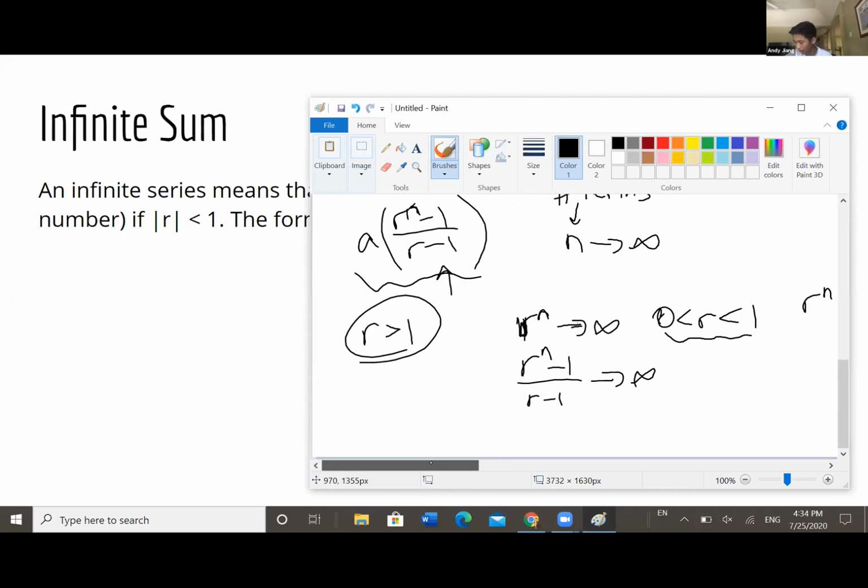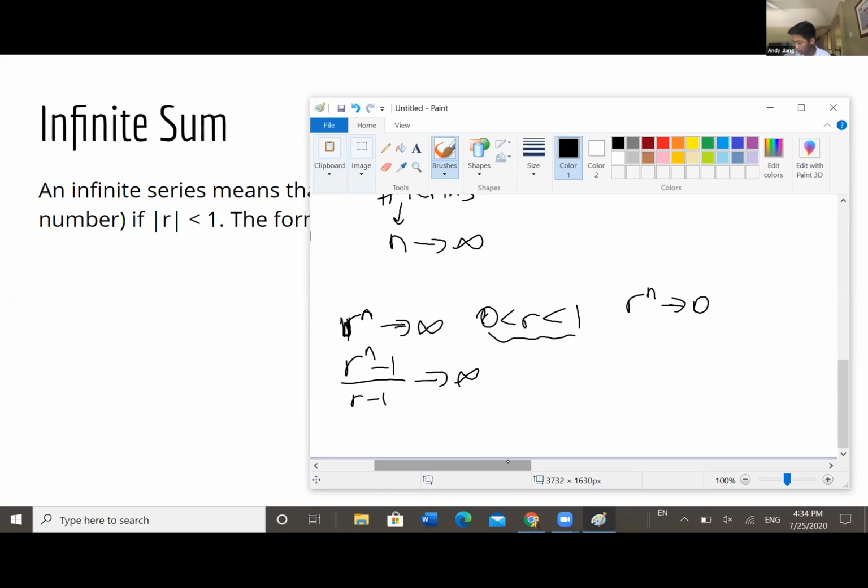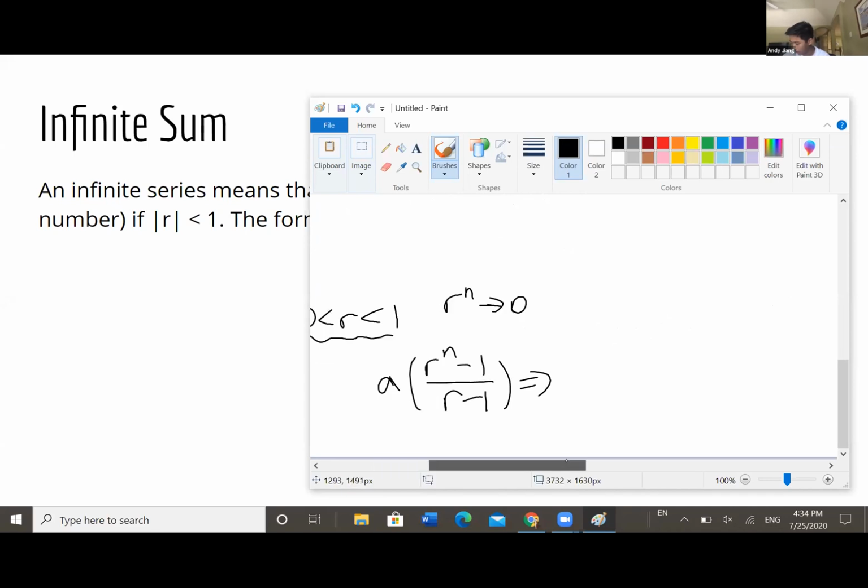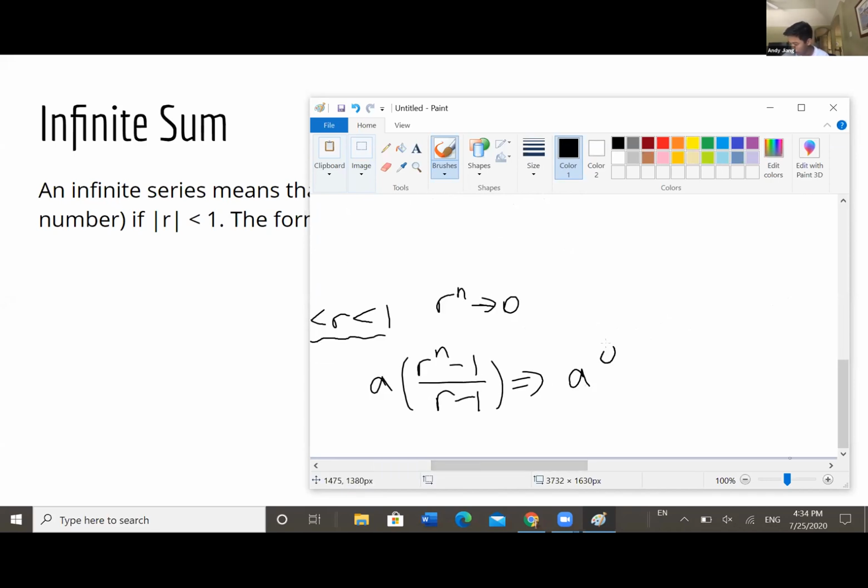So that equation would become a times r to the n minus 1 over r minus 1, which becomes a times 0 minus 1 over r minus 1, which is a times negative 1 over r minus 1.